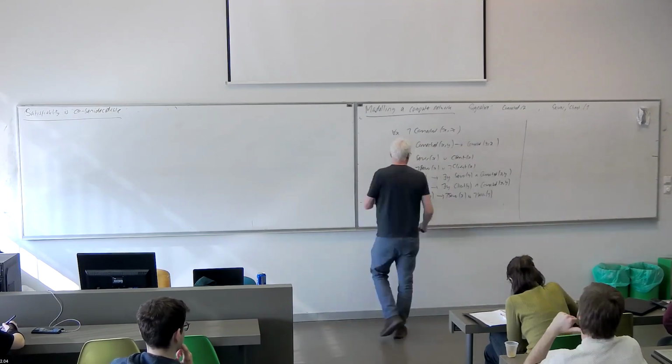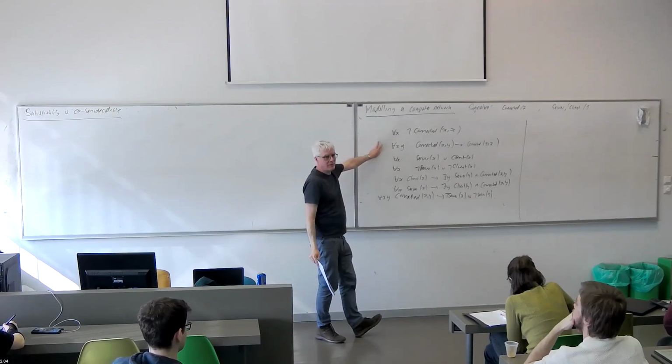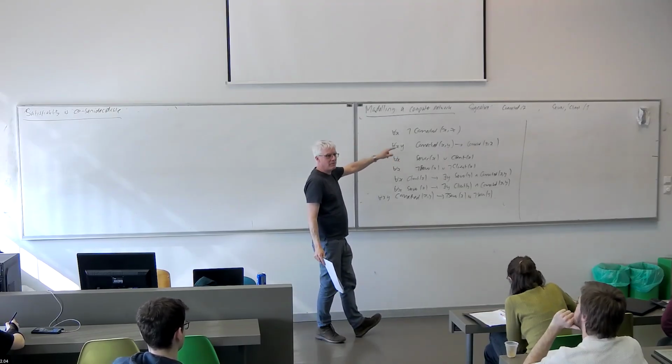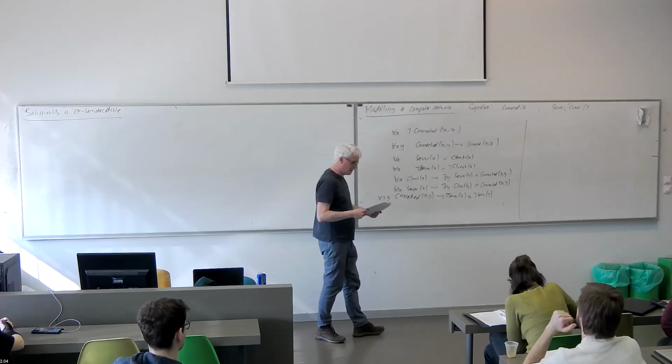It's very easy to see that this is satisfiable. It's very easy to come up with little models of this, but we might be interested in some more subtle questions.